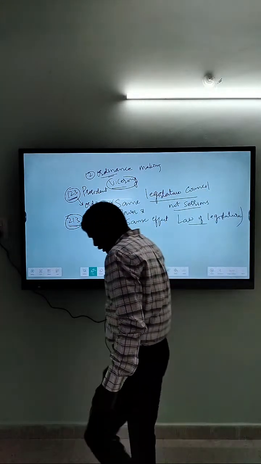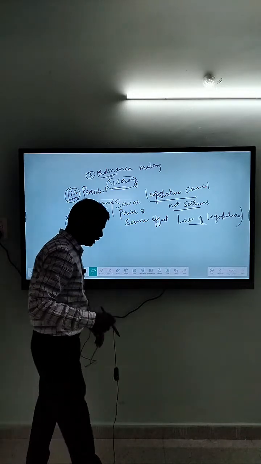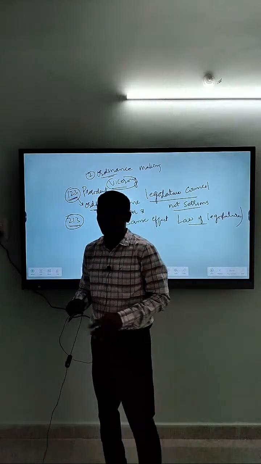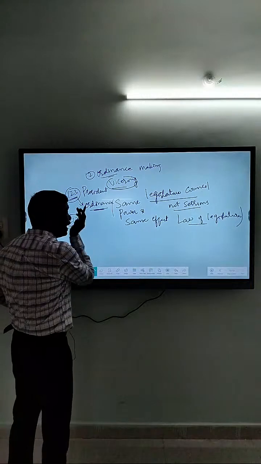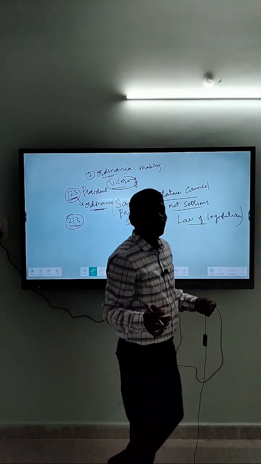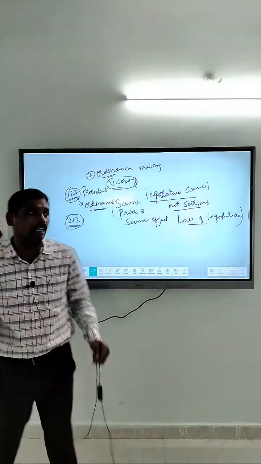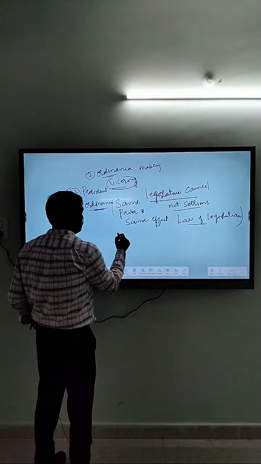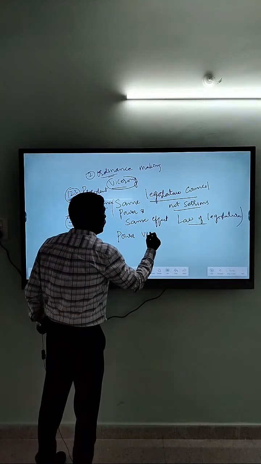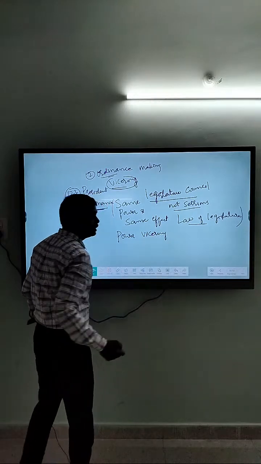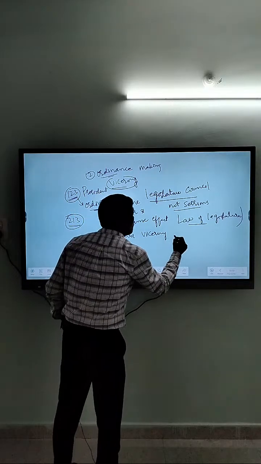Alright, so we have seen the ordinance making power of the Viceroy. This 1861 act has also empowered the Viceroy to nominate members to the legislative council.